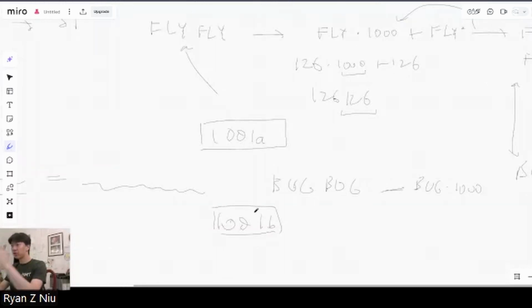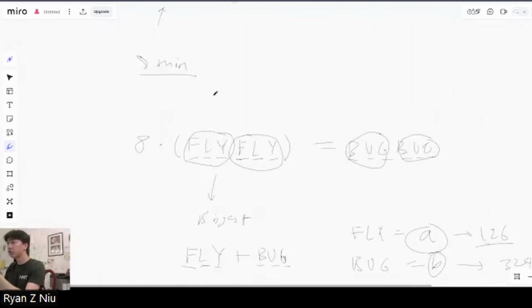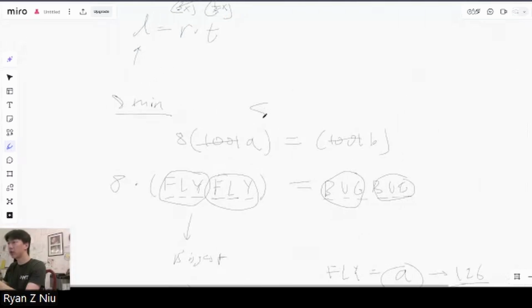If we take these two ideas and come back to our equation, essentially what we have is 8 times 1,001A equals 1,001B. We can clearly take out 1,001 from both sides and we get 8A equals B.